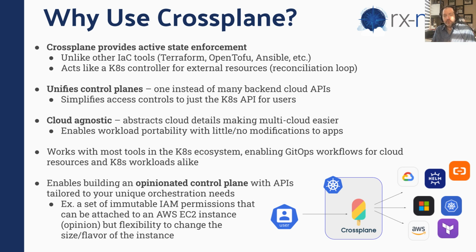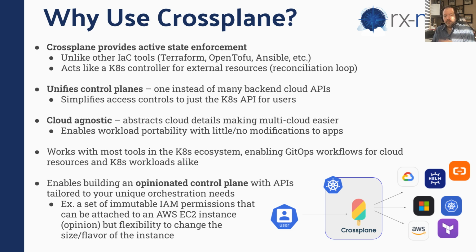Ansible is an executable, and you can run it on a schedule, but that's different from something like Crossplane that's actually using the control loop functionality from Kubernetes and keeping external resources in sync, like it does with normal Kubernetes objects, right?